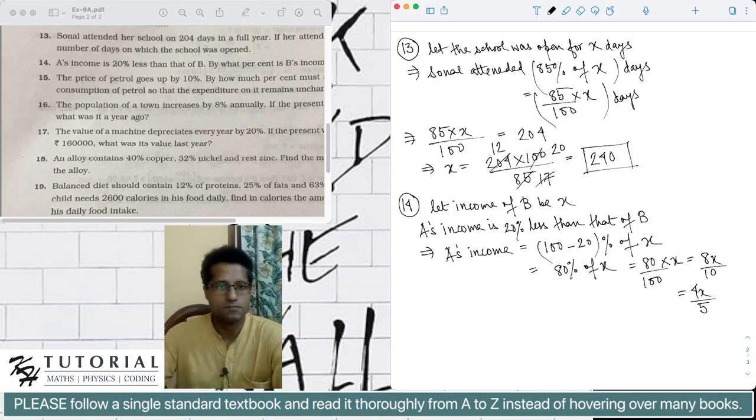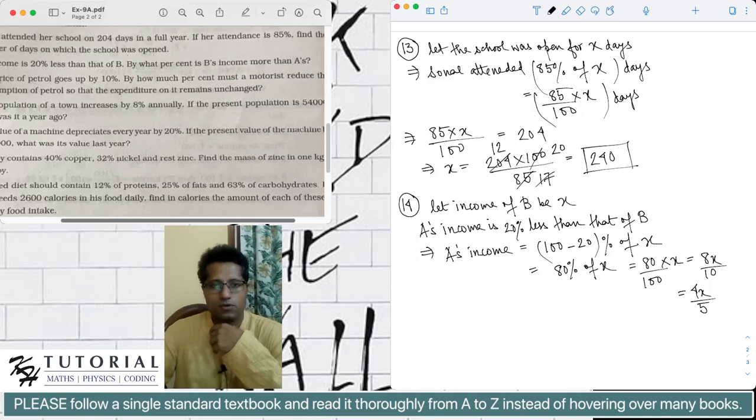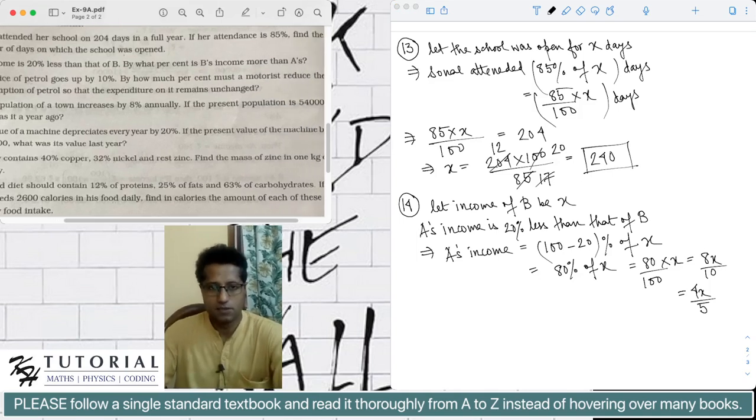Now it has asked, by what percentage is B's income more than A's? Now the percentage will be calculated based on A's income.